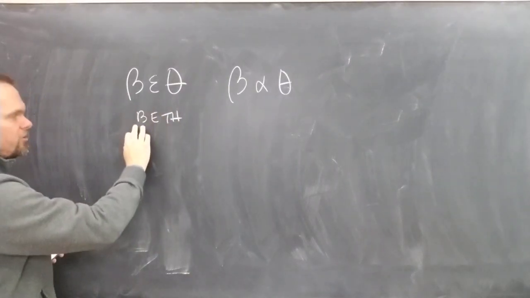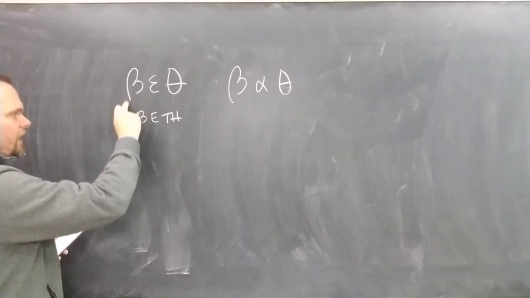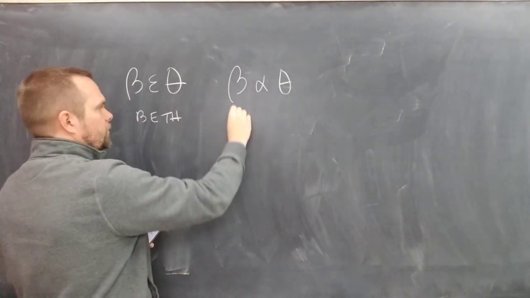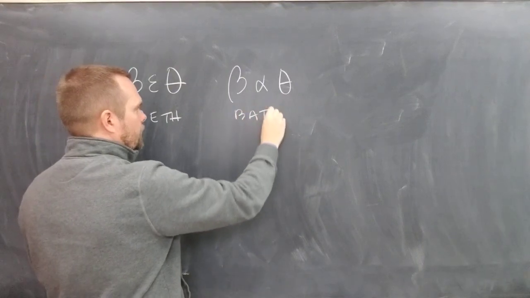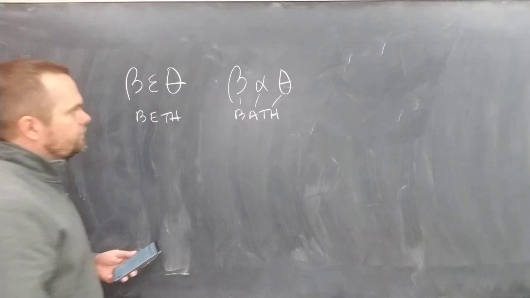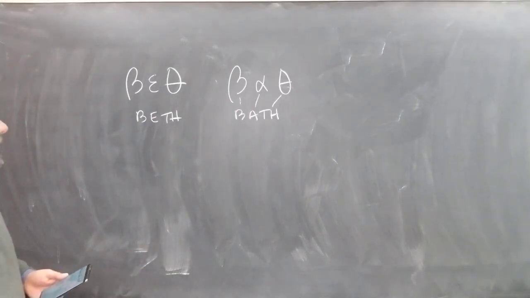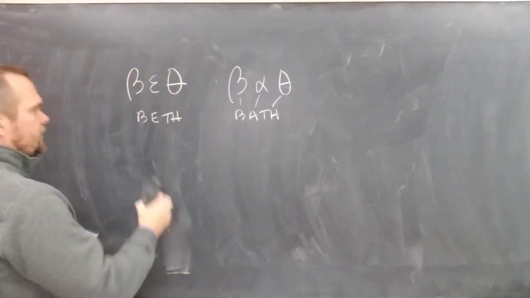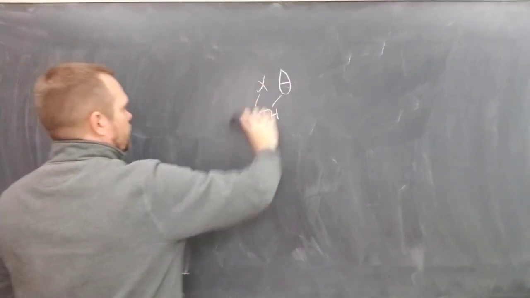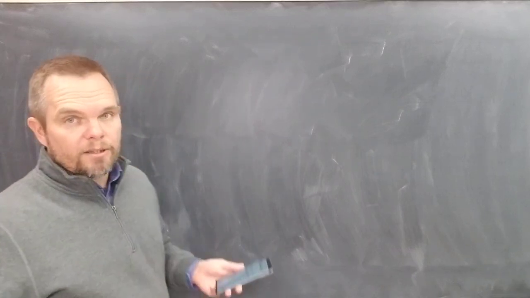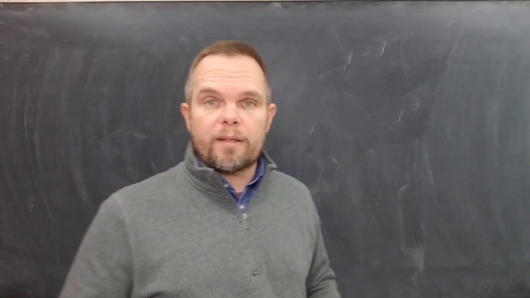We've changed from Greek letters to Latin letters. This here would be Bath. The beta, the alpha, and the theta. Okay, so make sure you practice with these letters, and transliteration is a good way to practice. Perhaps I'll use some transliteration exercises on the lesson quizzes.